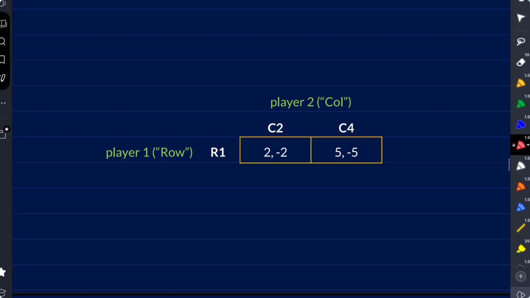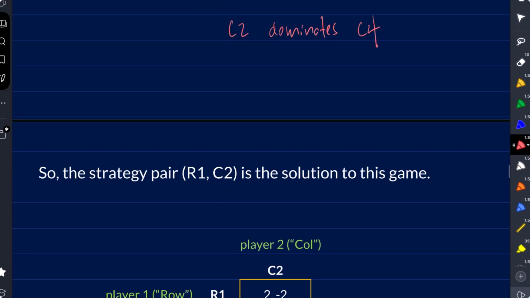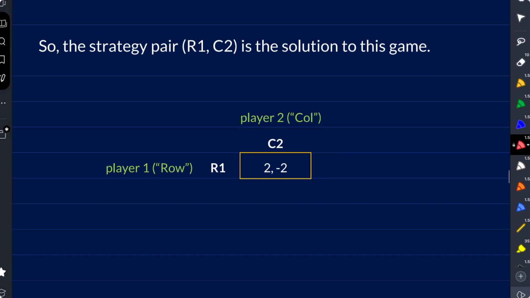So we know that R1 is going to happen. For player 2, we're comparing -2 and -5. -2 is better. So C2 dominates C4, and we're left with this. So this is the solution to our game: this strategy pair, R1 and C2.